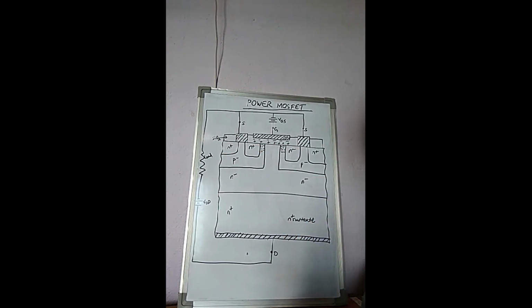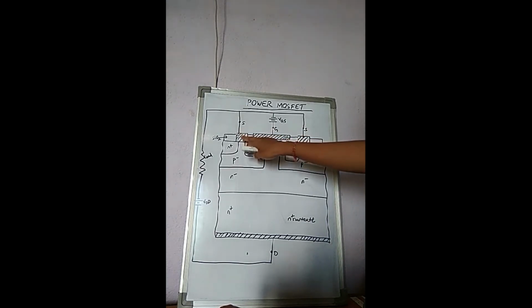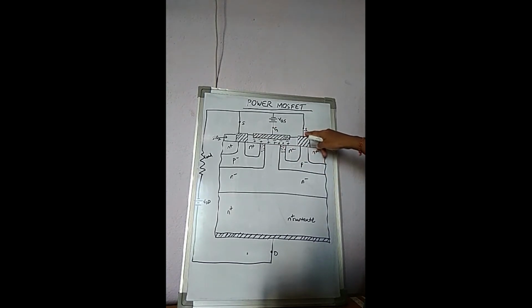Then one metallic layer is deposited here, and here also one metallic layer is deposited, and over this SiO2 surface another metallic layer is deposited. The terminal from these is the source, and from the last one the terminal is the gate.